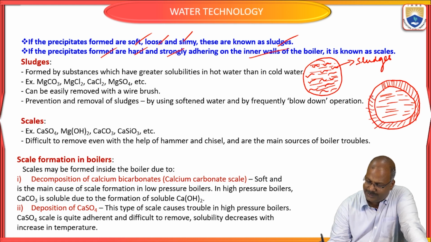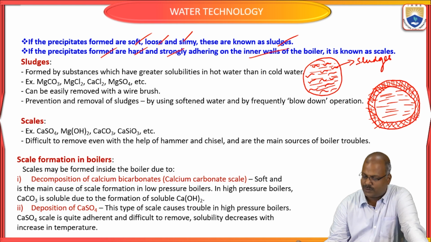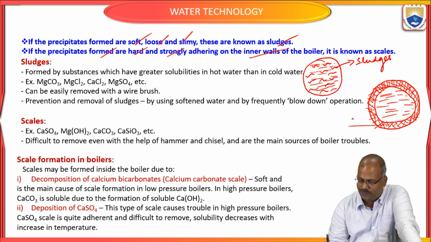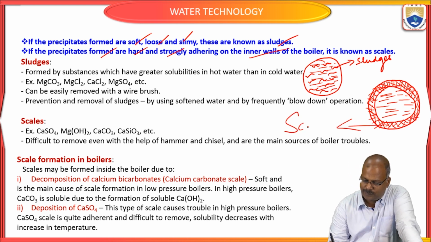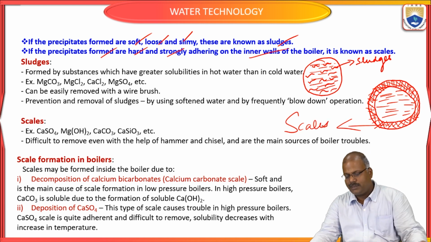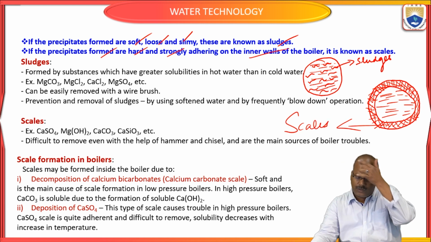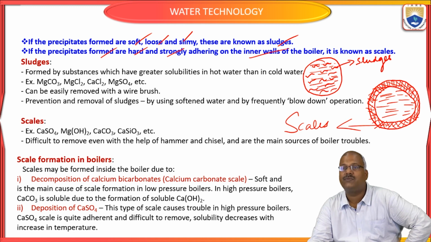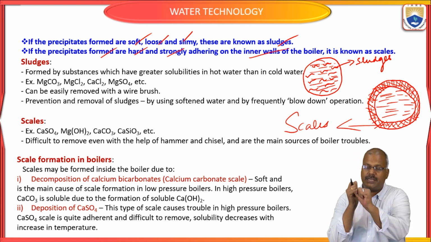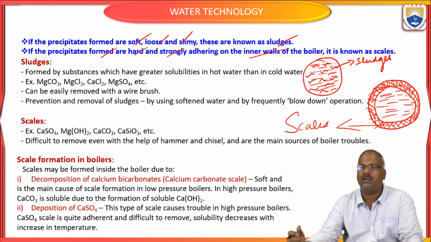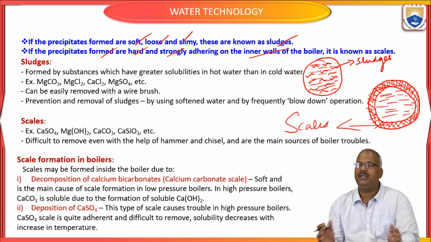We call them scales. This is the formation of scale. Scales are very difficult to remove once formed. Even if you hit with a hammer and chisel, it will not come off. It is that much harder.